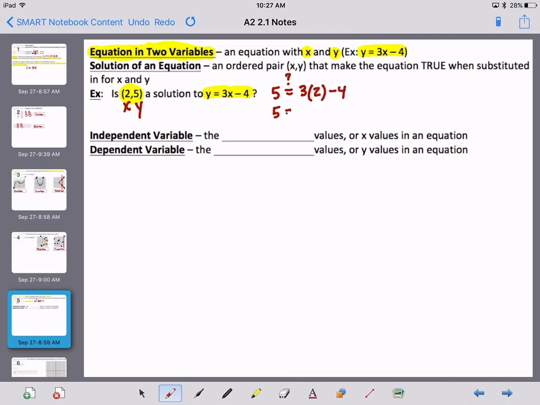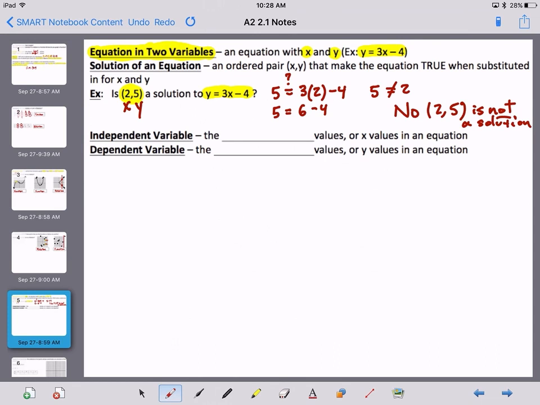So is 5 equal to 6 minus 4? We can see no, because 5 does not equal 2. So no, (2, 5) is not a solution because it made a false statement.